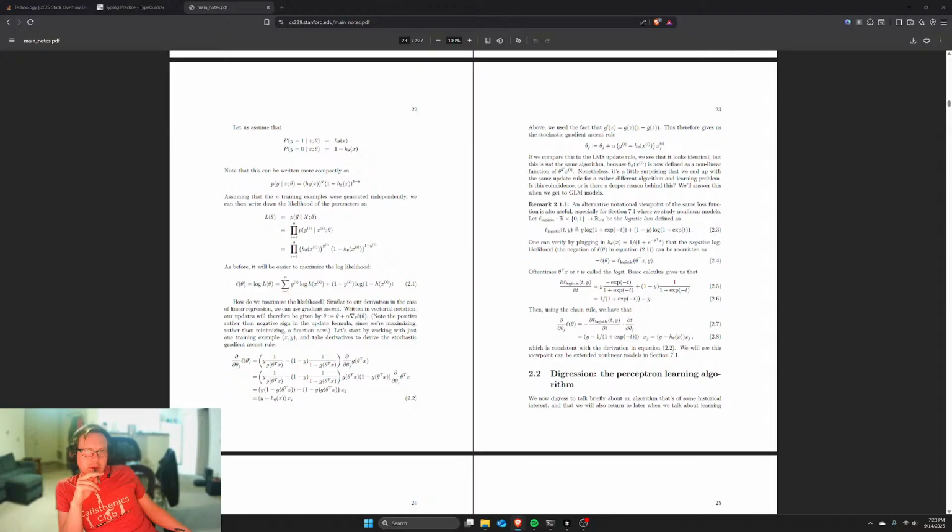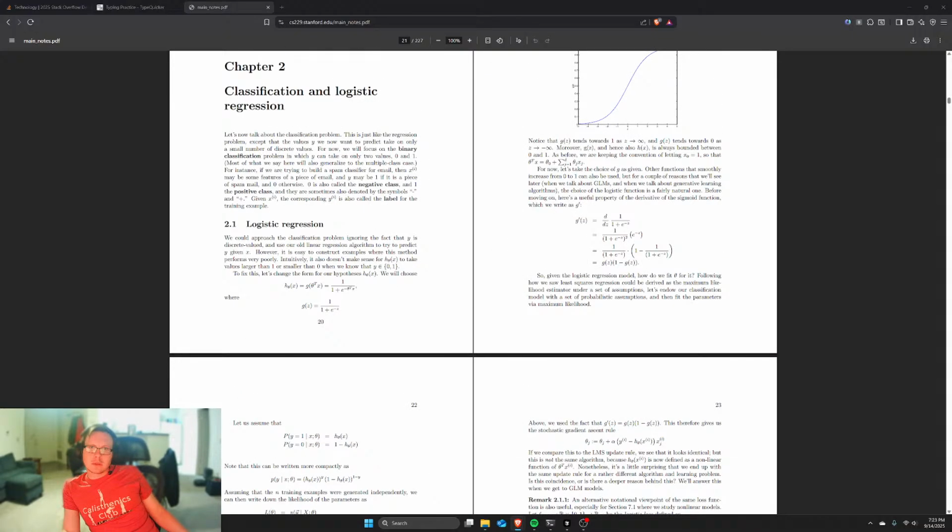Hold up. So we know that the derivative of, oh wait, that's something we proved before. Yeah, the derivative of the sigmoid function is the sigmoid function times 1 minus the sigmoid function.